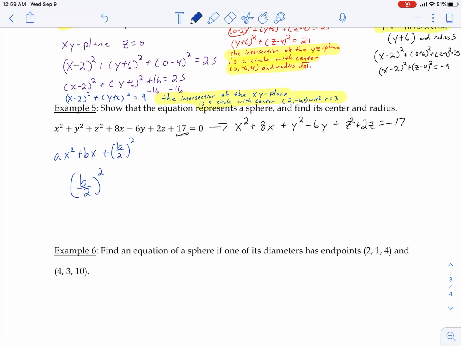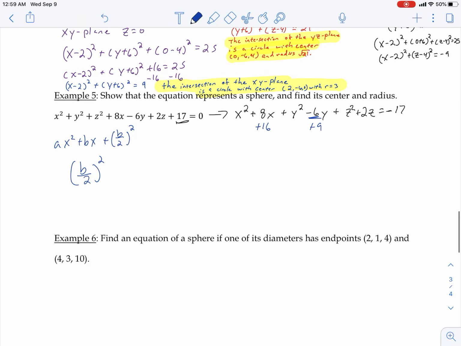So that's what we're going to do. 8 divided by 2 is 4, and then we need to square that, so we would need a 16 there. Over here, we have minus 6 is our coefficient with y, so negative 6 divided by 2 is negative 3. Square that. So we need a positive 9, so we need to add 9.